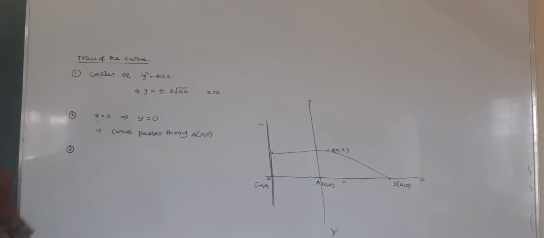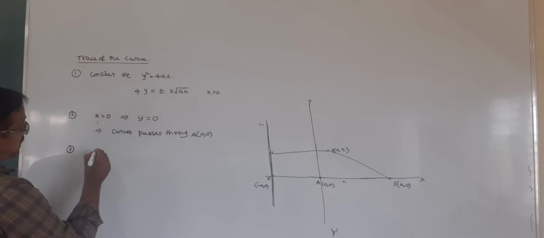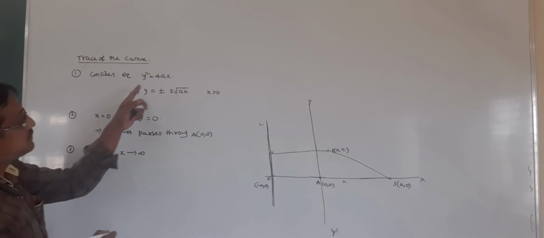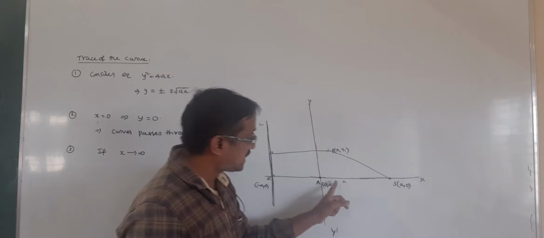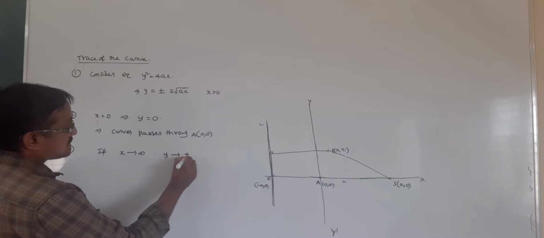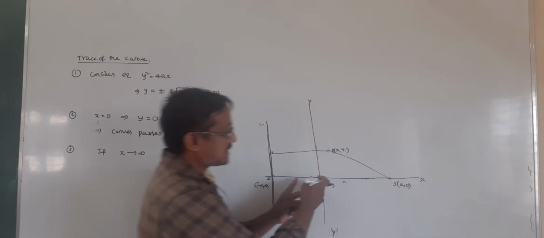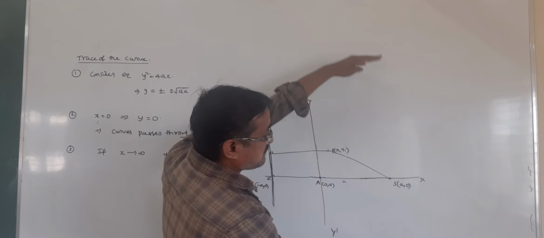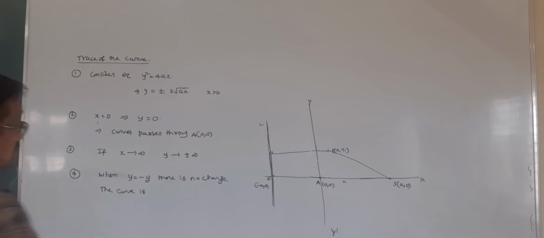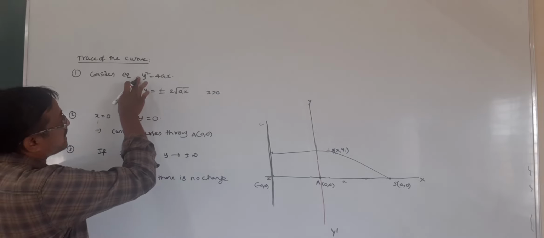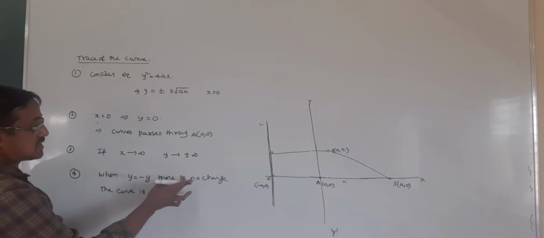Another point. Now, if x tends to infinity, y tends to plus or minus infinity like this. Now if you replace minus y in place of y, there will be no change.